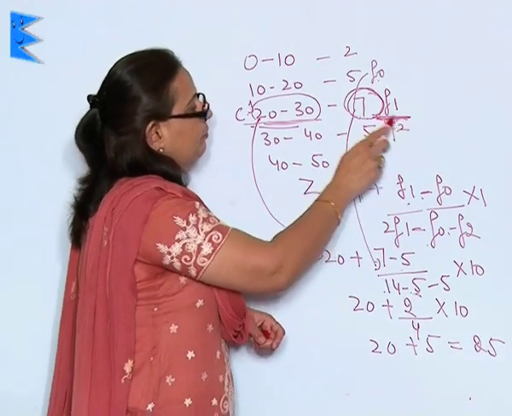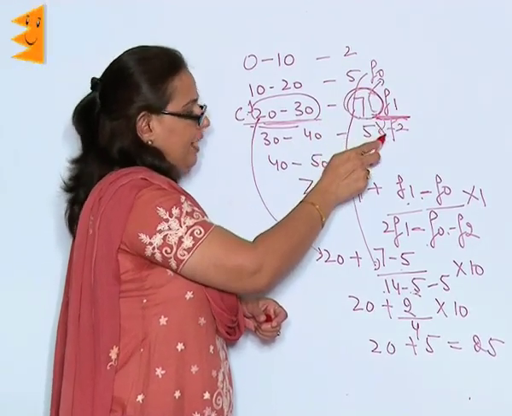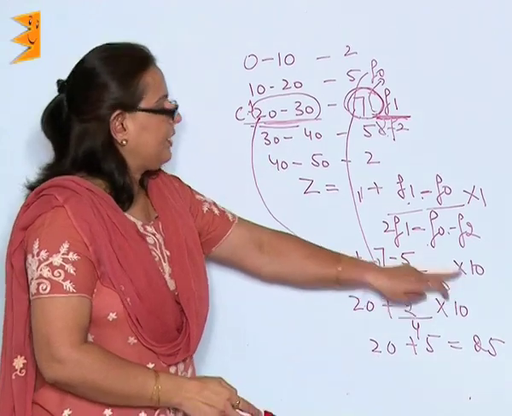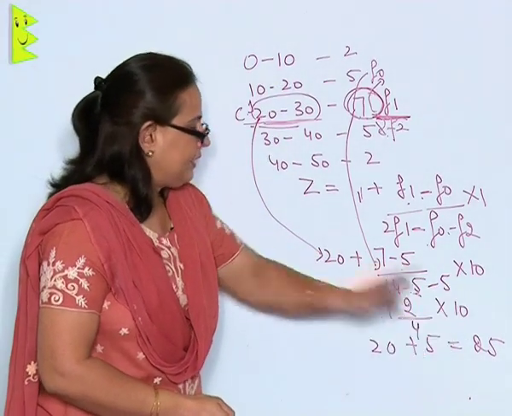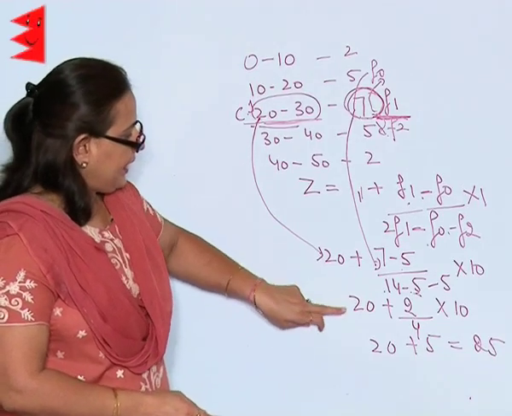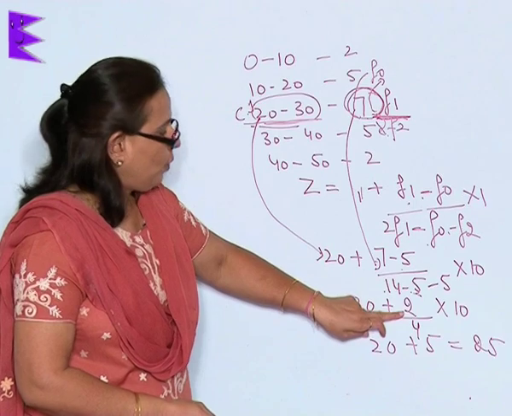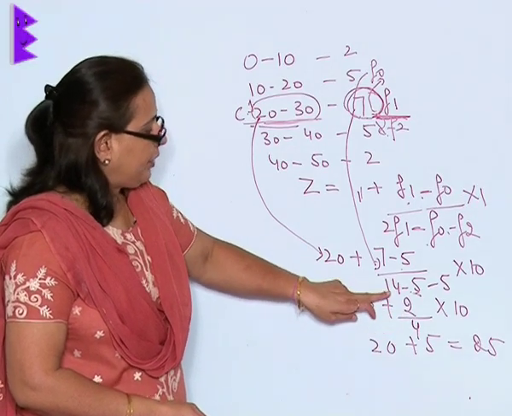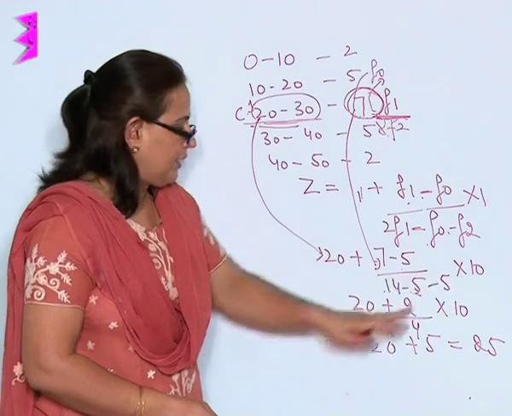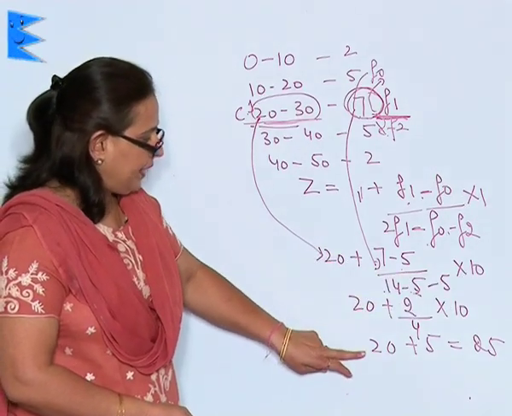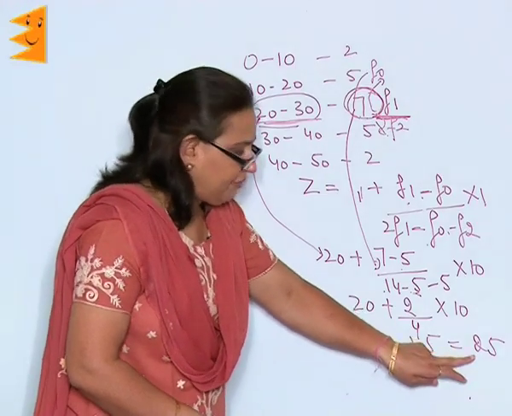Remember, if this is f1, the previous one is f0 and this is f2. Into the class interval, which is 10. So, 20 plus 7 minus 5 is 2, and upon 14 minus 5 will give me 4, into class interval, which means 20 plus 5 is giving me 25.